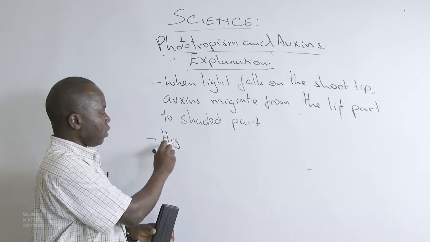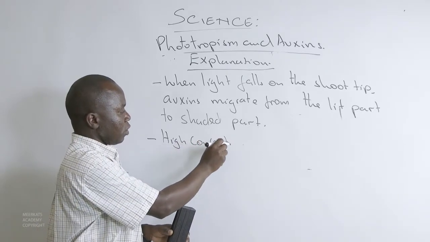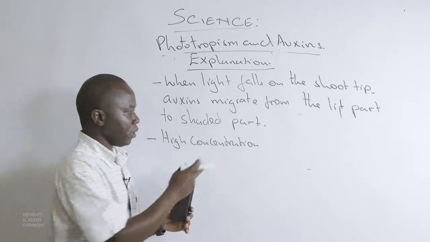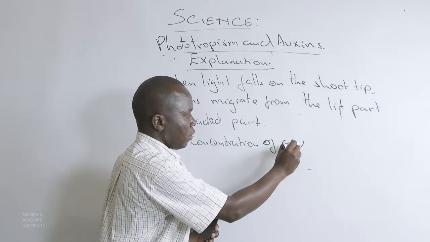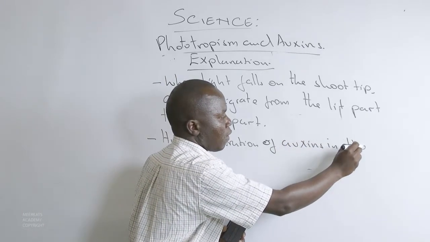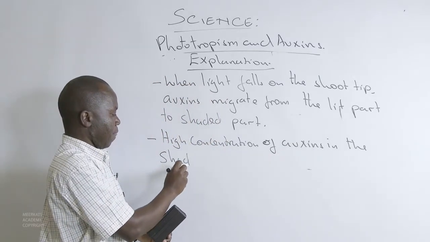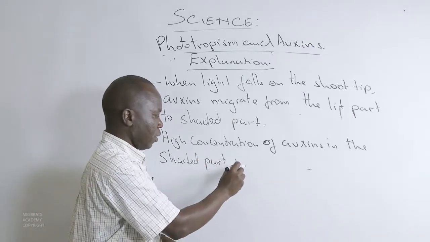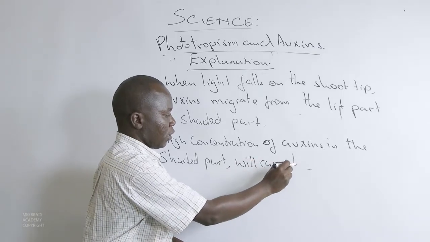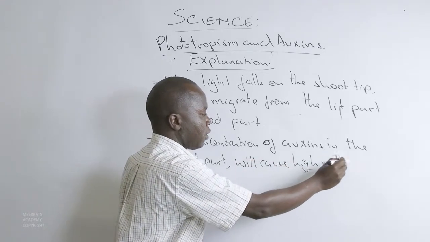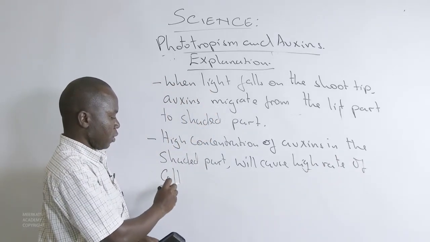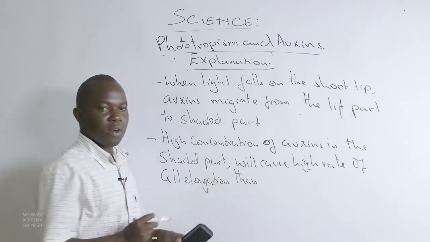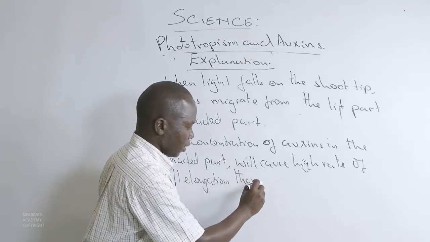High concentration of auxins in the shaded part will cause a high rate of cell elongation than on the lit part.